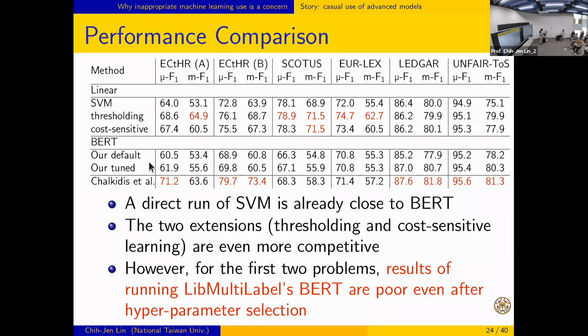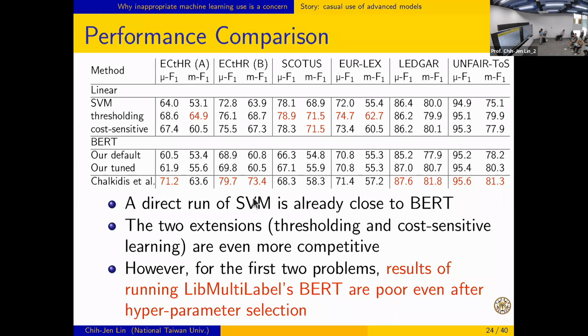Then we have 2 rows. That's the direct run of BERT, also using our software. One is called the default one. That's by the default hyperparameters. Then another row called the tuned setting. That means with hyperparameter selection. And this row is the BERT result from the original paper.